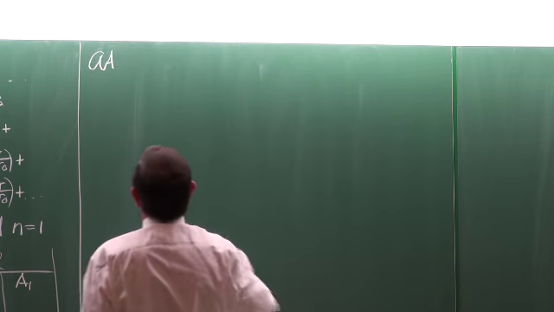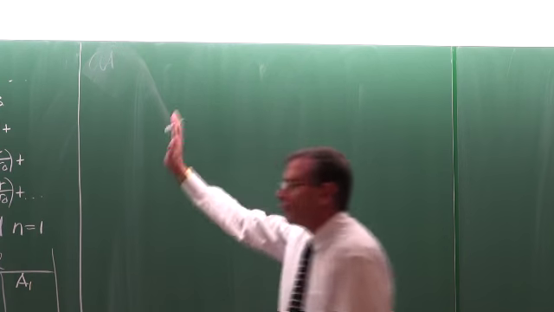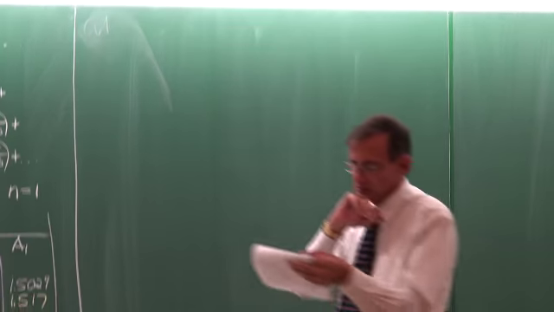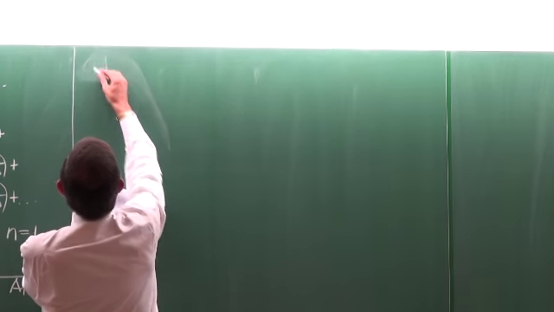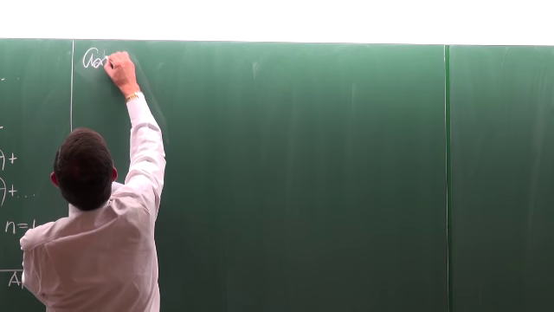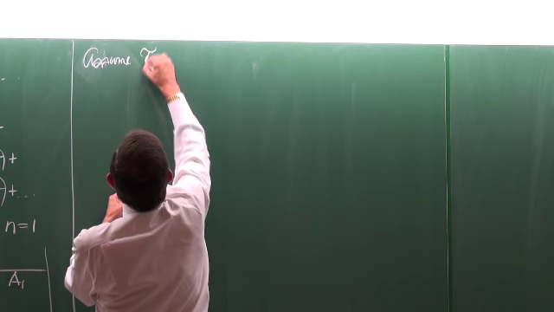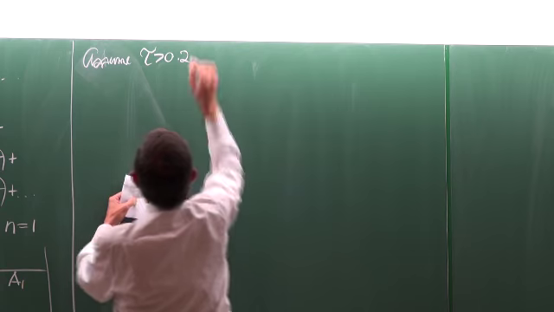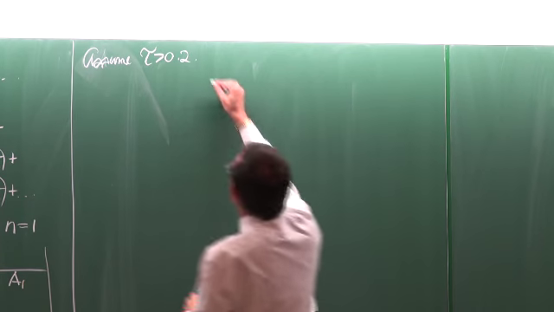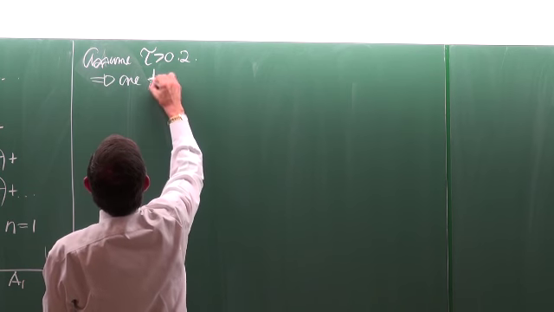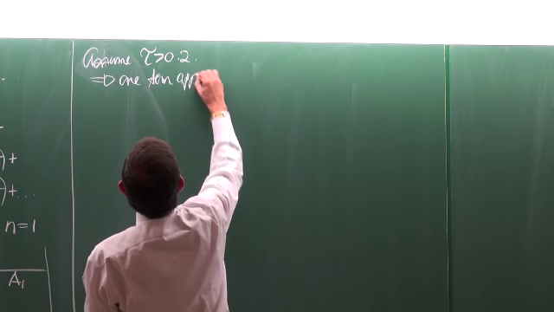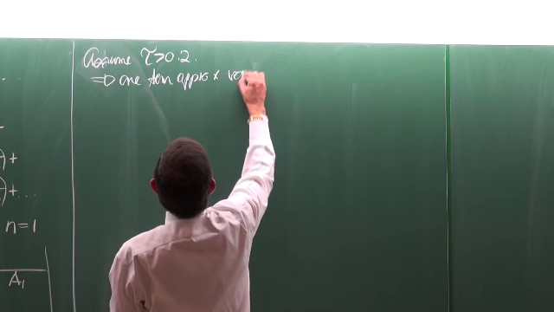Before we get there, let's go back a little bit. Assume tau is larger than 0.2. Why? Because then the one-term approximation would be valid.